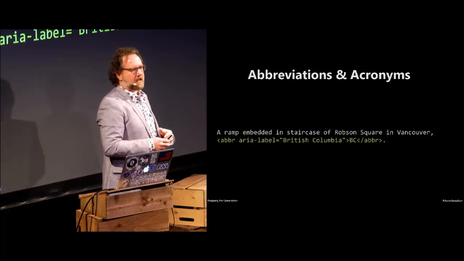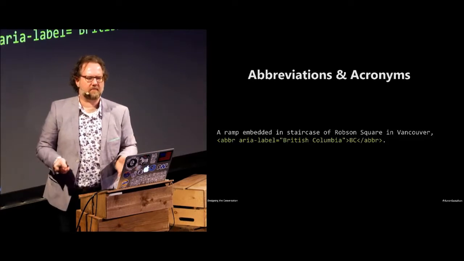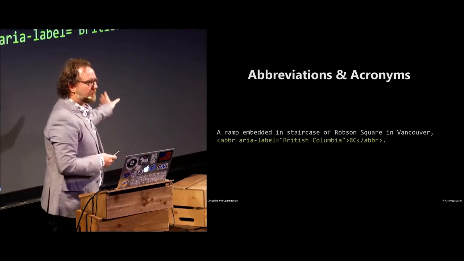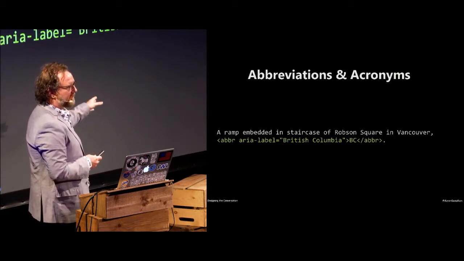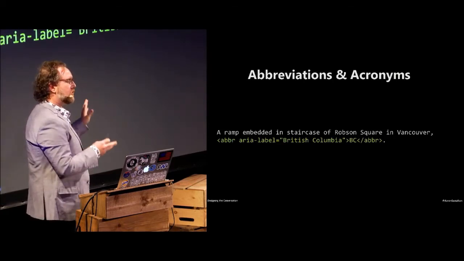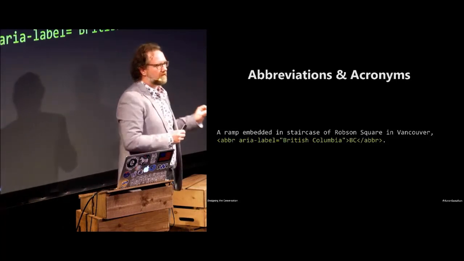There are a bunch of other constructs within HTML. I'm not going to get into all of them. ABBR is great for abbreviations and acronyms, and you can include the expansion using aria-label. Title, which used to be the way that you were supposed to put the expansions in there, is not reliable, so don't use that.